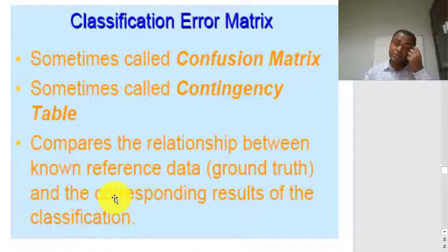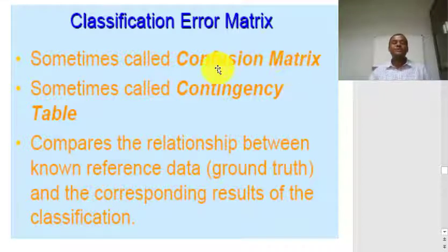Now let's come to the classification error matrix. The error matrix is sometimes called the confusion matrix, because it is a result of spectral confusion. It is not the confusion of the analyst or the software, but it refers to the confusion of spectral wavelengths. Sometimes it's called a contingency table.